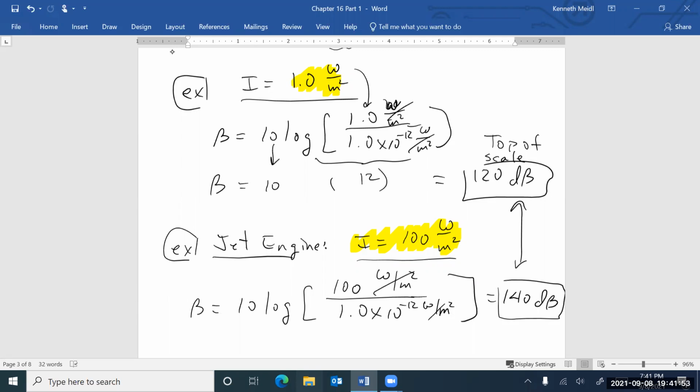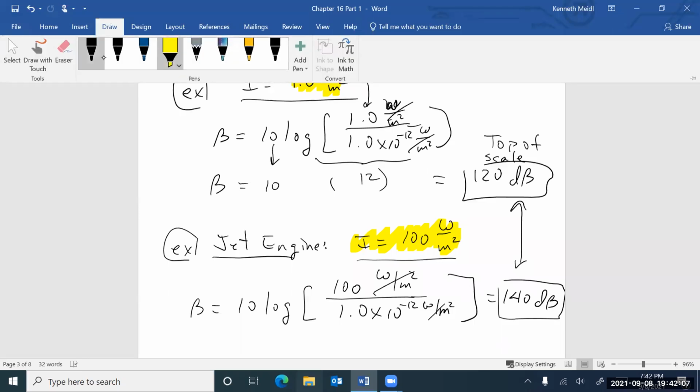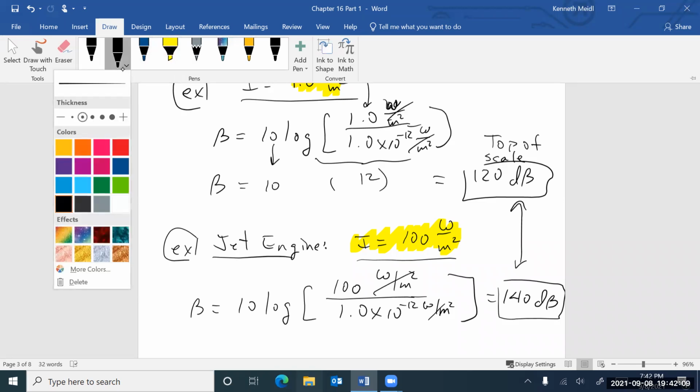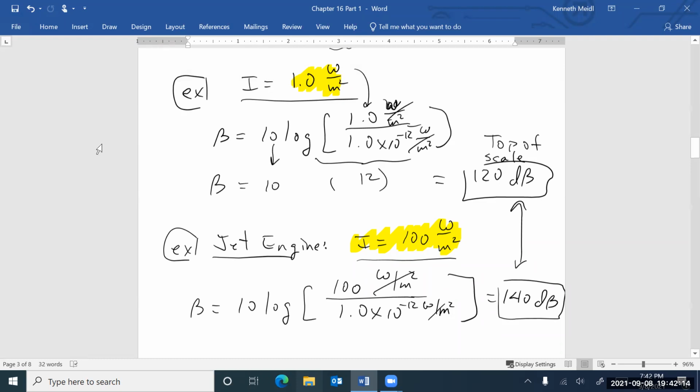And so what might be very instructive here for you to do, this might be something you might want to know, is try the decibel scale here with maybe an intensity of something like, let's compare this up here to, let's say, 2 watts per square meter. Double, right? Double the intensity.